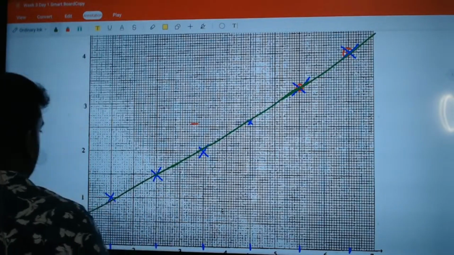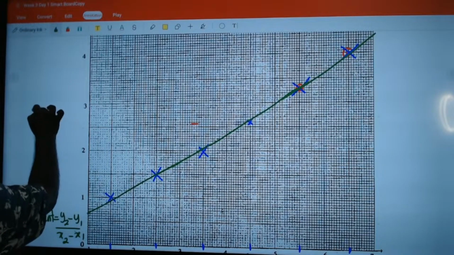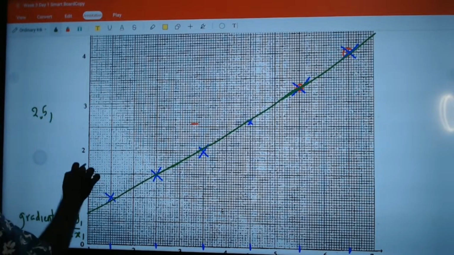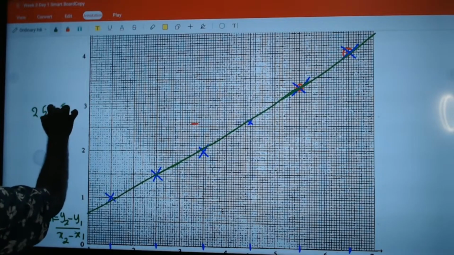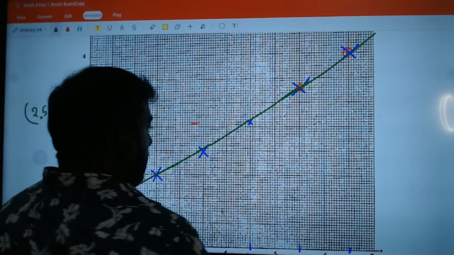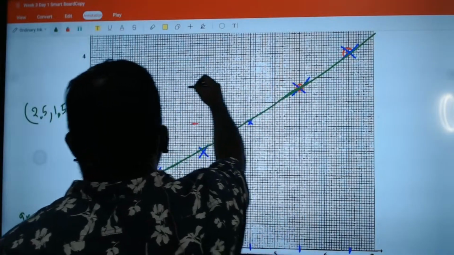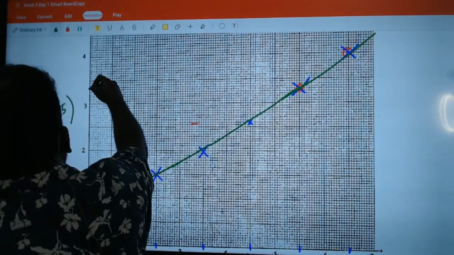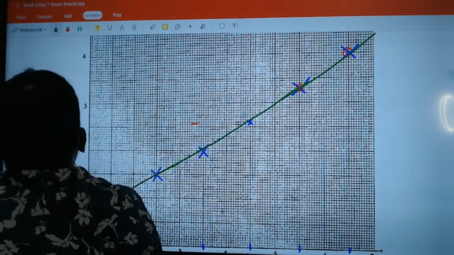So we can take this point, 2.5 comma 1.5, and here 5.5 comma 3.3.